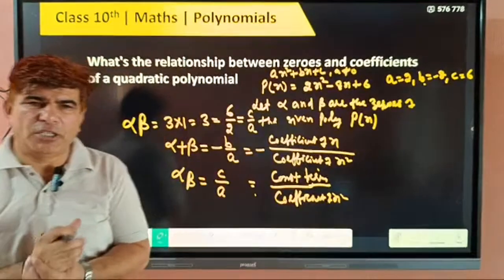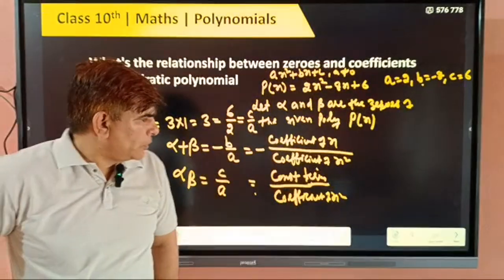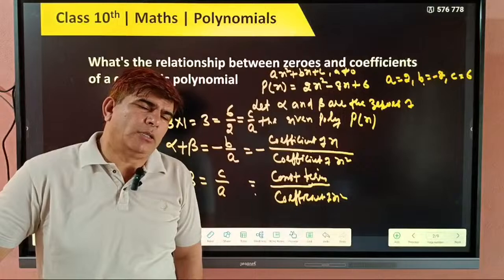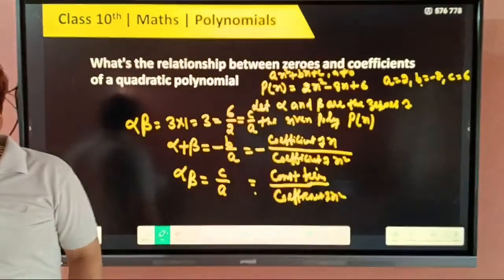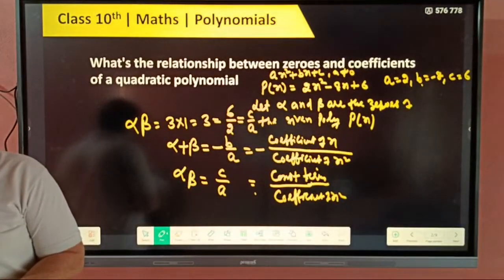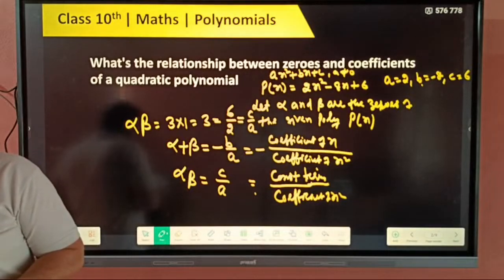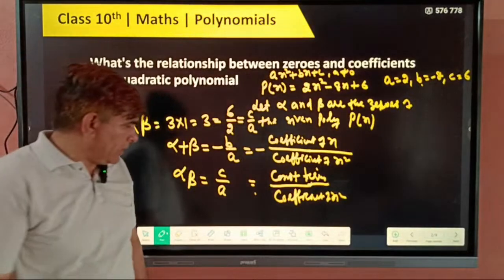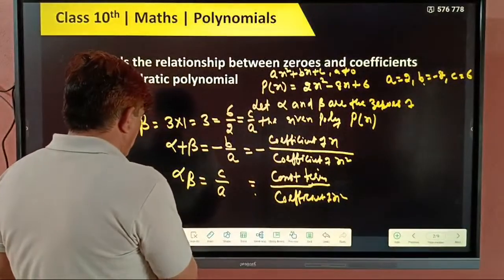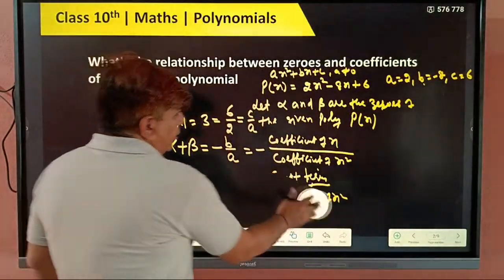So this is the relationship between the coefficients and the zeros of a quadratic polynomial. I think you understood this. Or we can take another example also. I am taking another example which is given in your book.